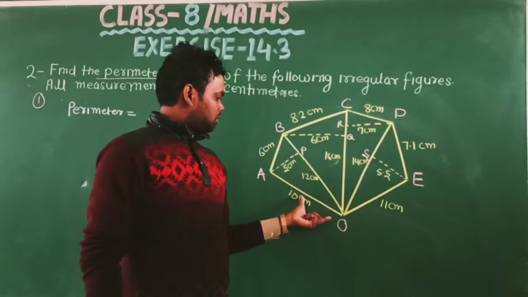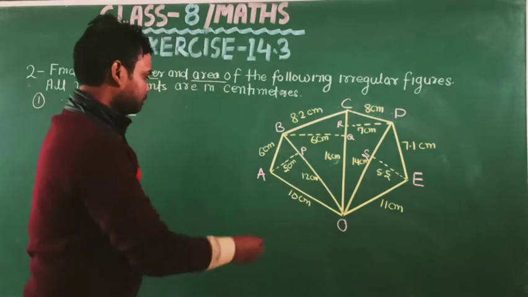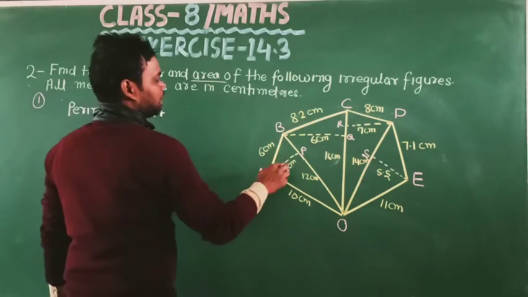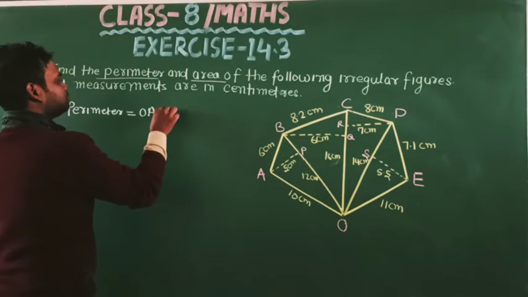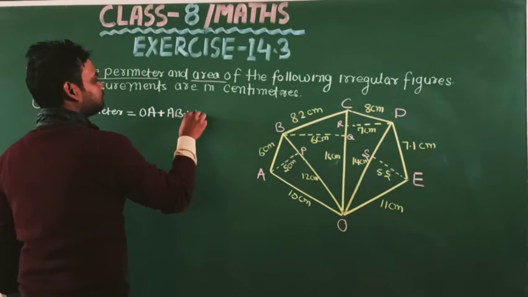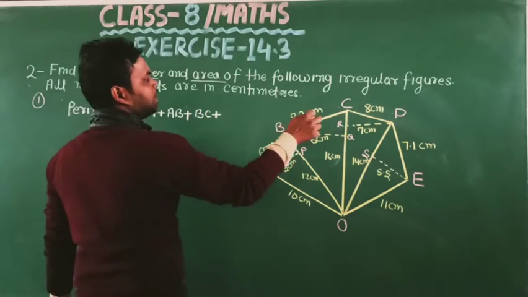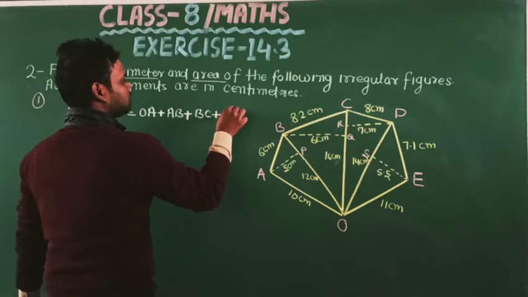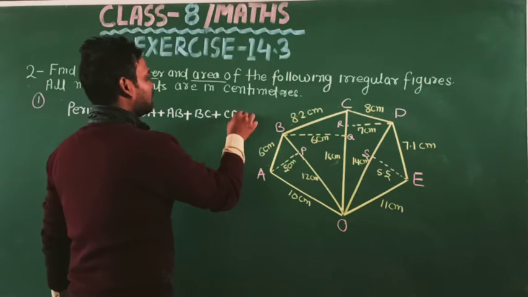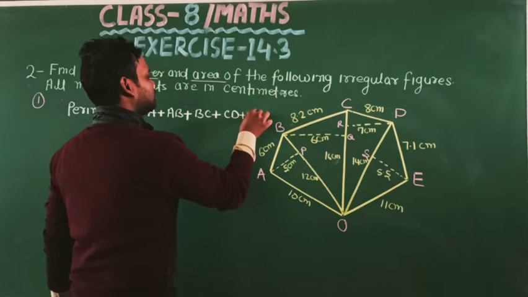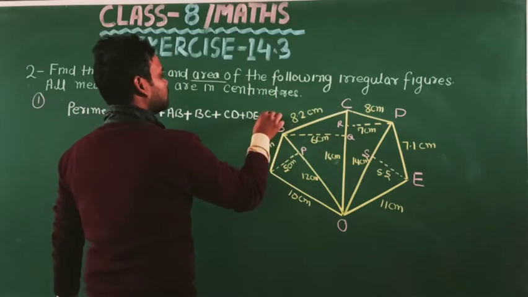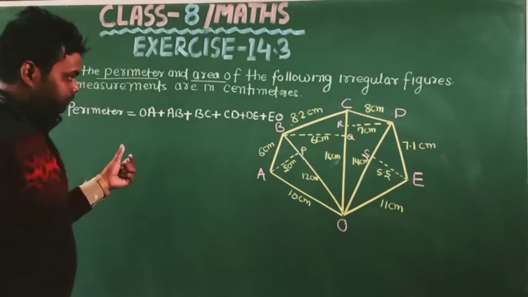So this is boundary OA plus boundary AB plus BC, side CD, side DE plus EO.